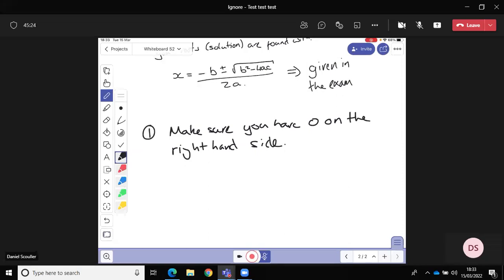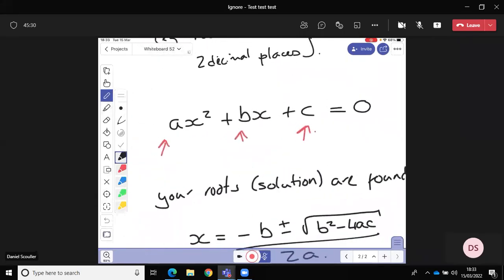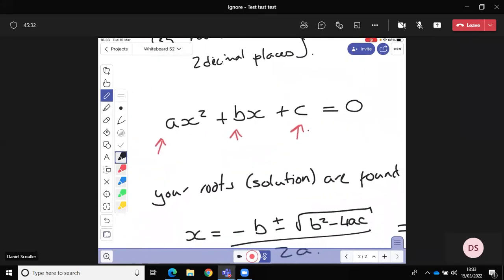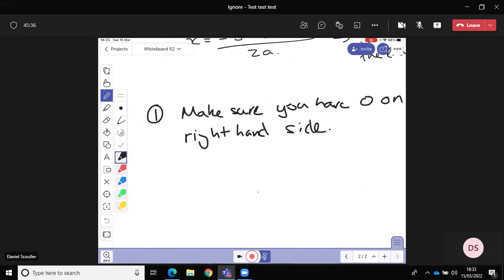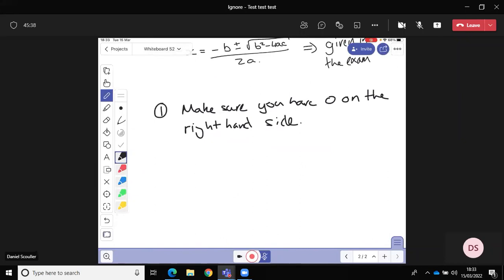Everything has to go onto that left hand side and just leave zero on the right hand side. Only then will it be in this format, so we need to use it in this format. Now at this point, putting it in order of x squared, x, and then the number will be quite useful, and it will certainly allow you to see where the positives and negatives are.